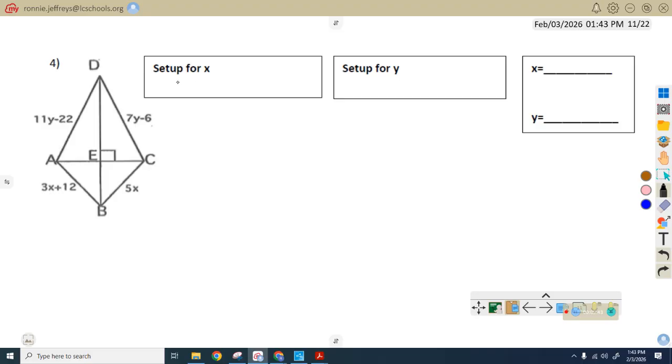A kite. That's right. You just know. All right, so X would be 6. And then Y.